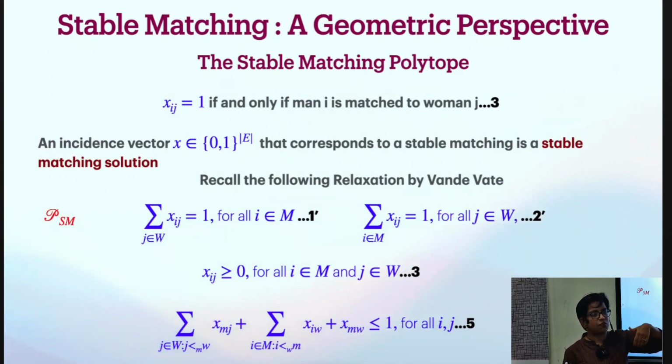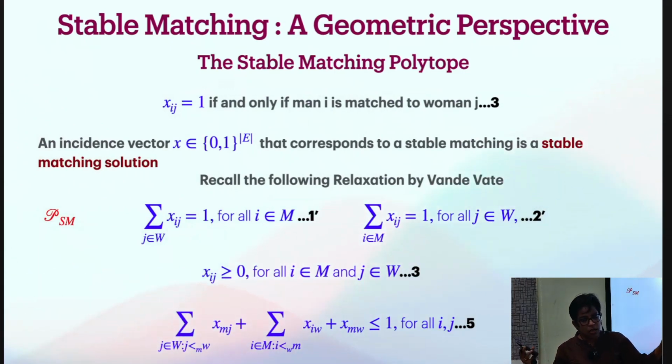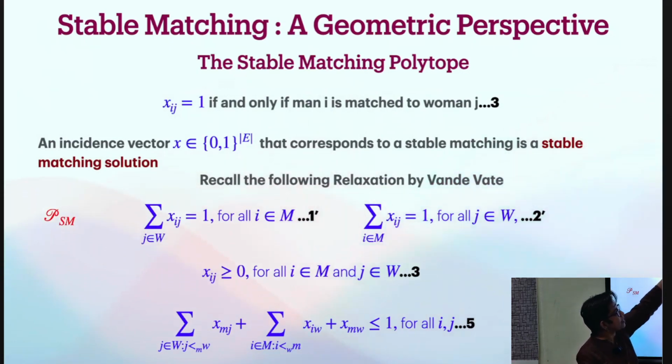Now I can simplify this further and extract one single vector of size E out of it, where each entry is 0 or 1 based on whether this edge is part of the matching. That is what this incidence matrix and this characteristic vector capture.